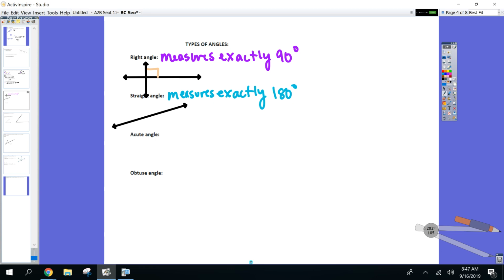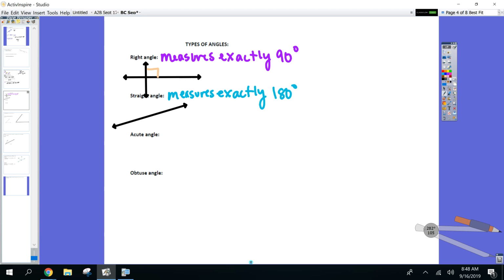Acute? Somebody's going to give me a definition, but I'm going to probably have to give it a little more detail. Mike, what do you have back there? So between 0 and 90. Because if you say between 0 and 90, you're not including 90. So yes. Usually a lot of people say less than 90.